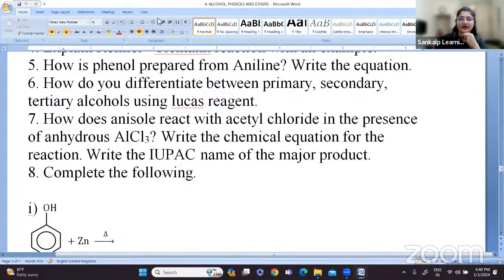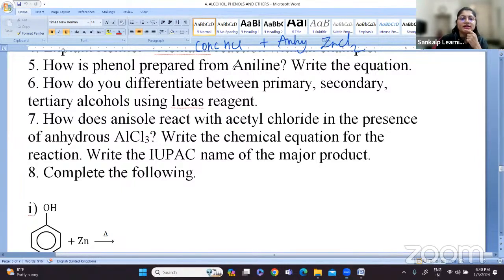Very important. Can be asked for 1 mark, either in the fill in the blank or in MCQs. What is Lucas reagent? It is concentrated HCl and anhydrous ZnCl2.